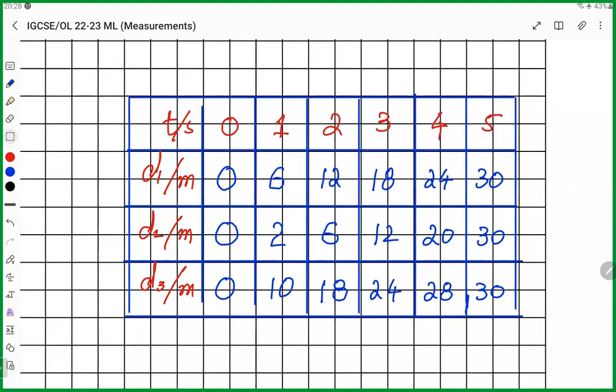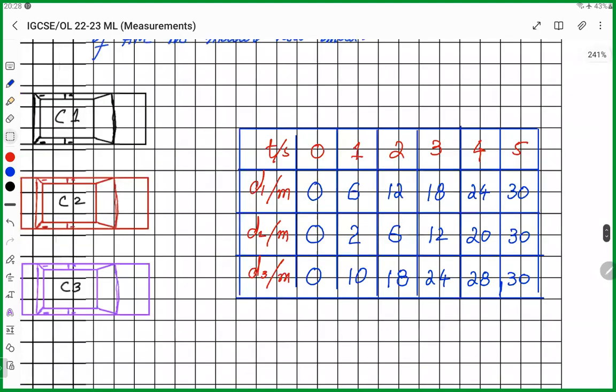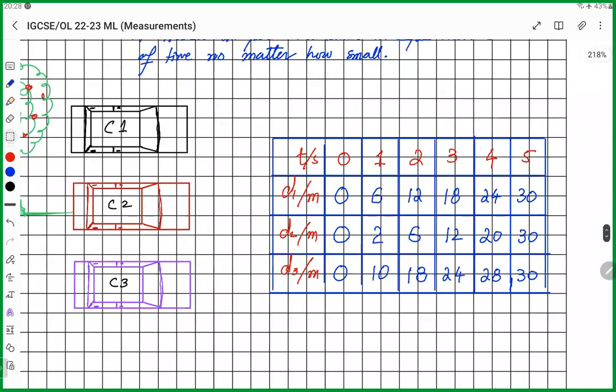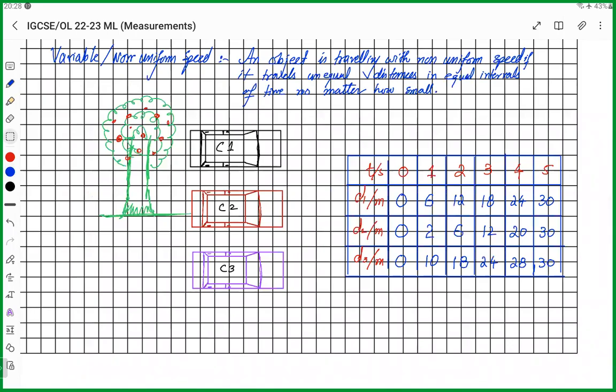Now, tell me which car is traveling with a constant speed? The first one, sir. And what made you say that? Because it's increasing by 6 meters every second. So you see that the distance is changing by 6 meters in every second. That's why this car is traveling with a uniform speed.